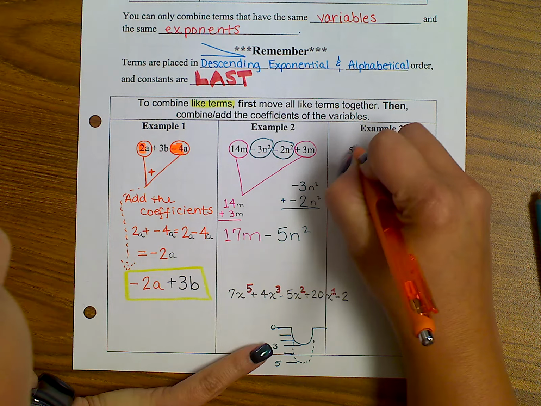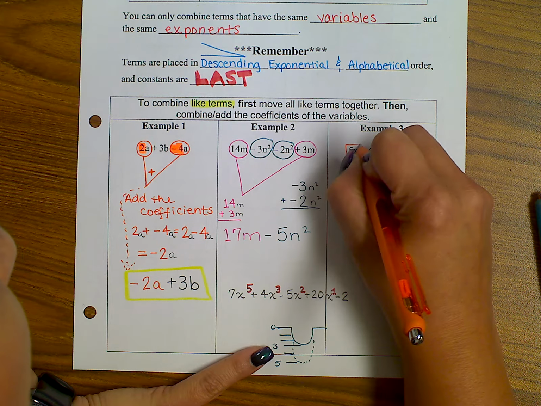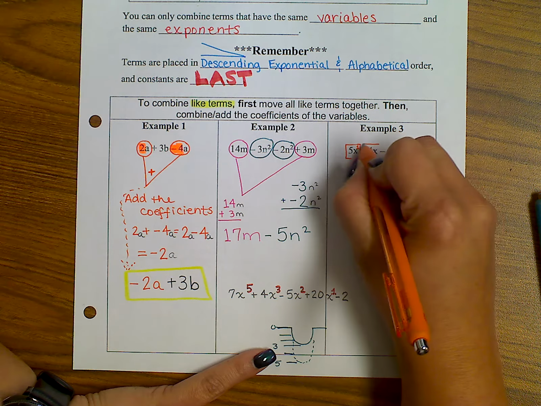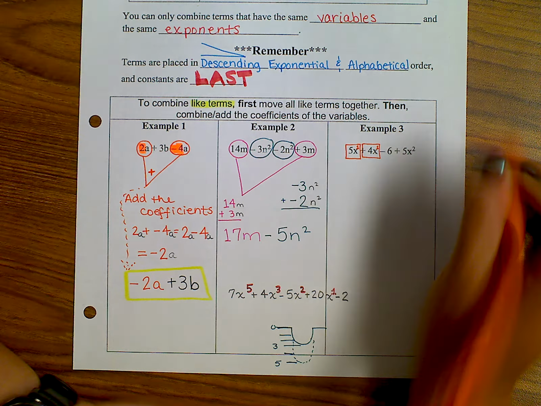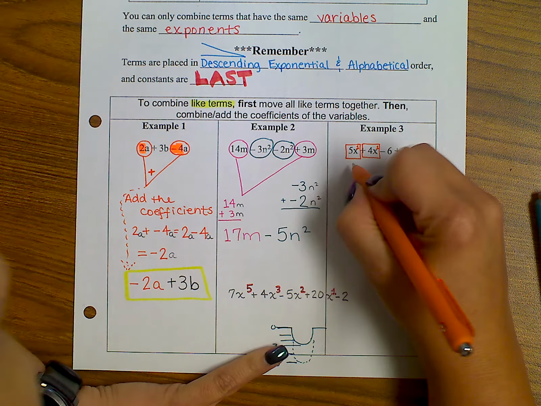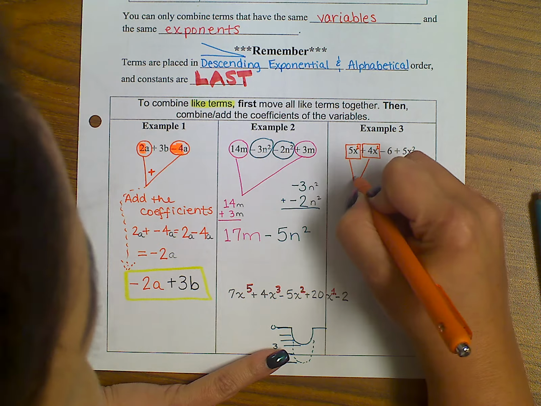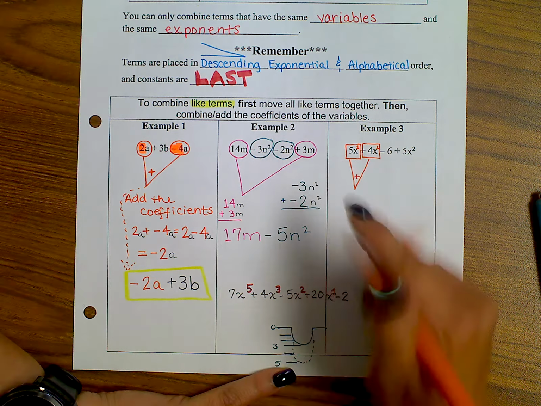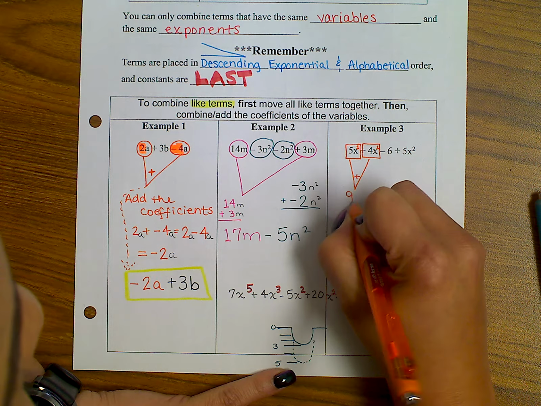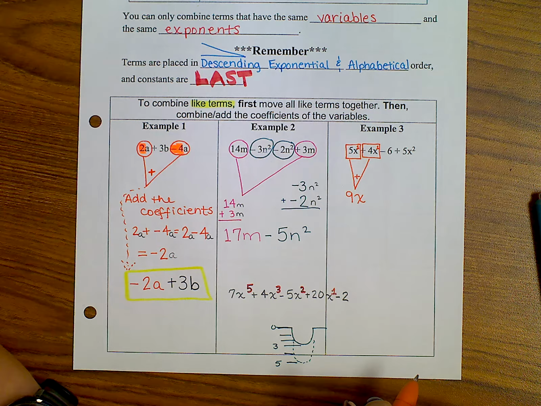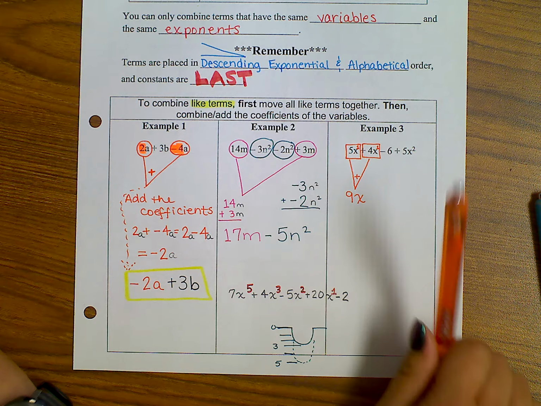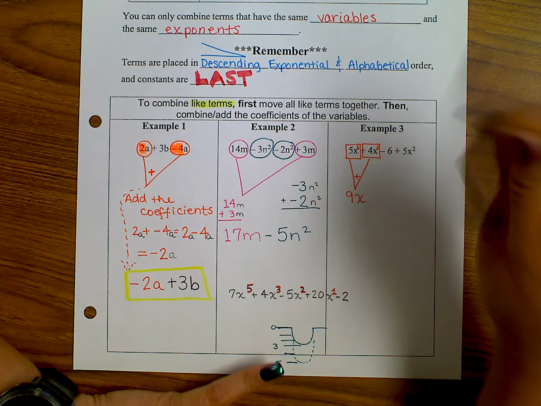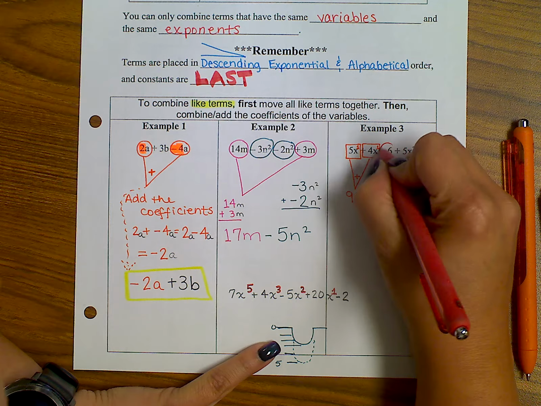So I know that I have here 5x to the first power, and I also have a positive 4x to the first power. So let's go ahead and combine like terms, which means to add the coefficients. So that would be 5x plus 4x. That gives me 9x.